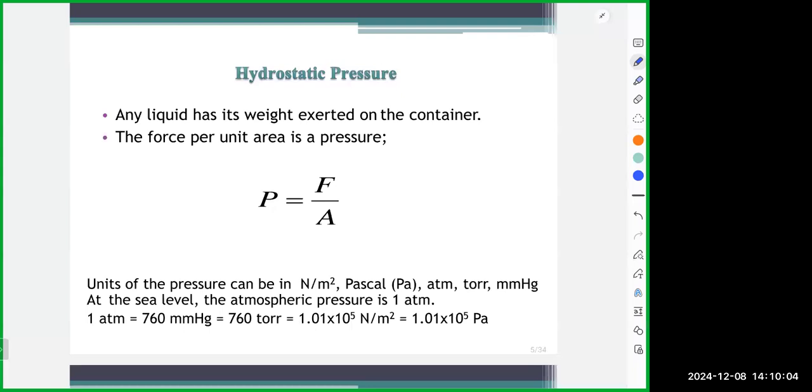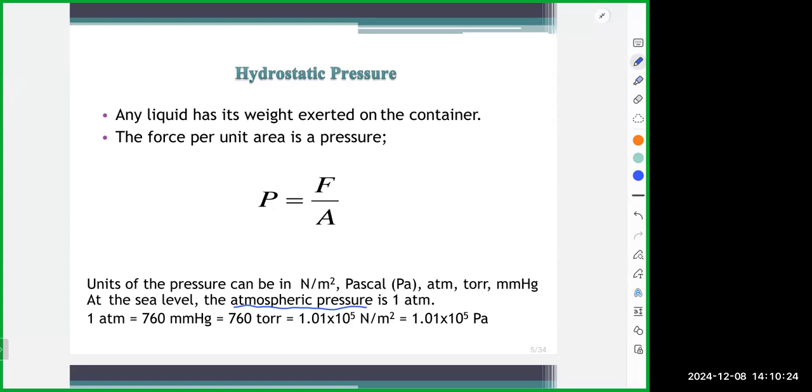At sea level, the atmospheric pressure is 1 atm. At 1 atm, you can convert into other units.